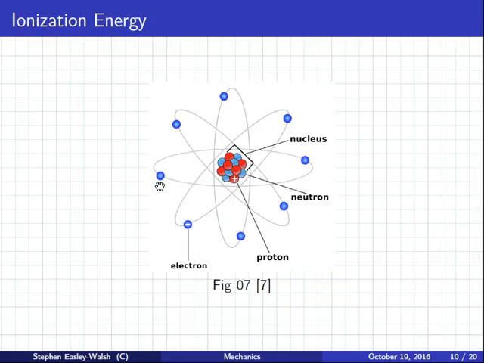Next, ionization energy. Now, you've done ionization in chemistry. So you have ionization energy. To free an electron, you need to give it energy.